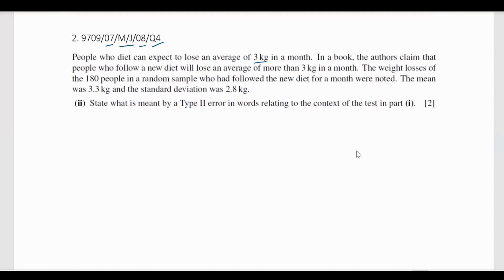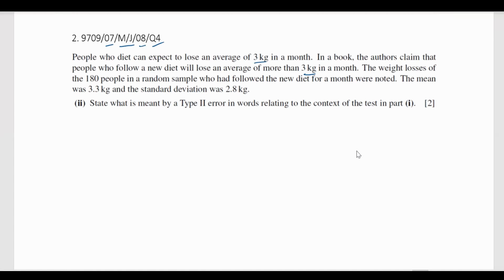In the book, the authors claim that people who follow a new diet will lose an average of more than 3 kg in a month. The weight losses of the 180 people in a random sample who had followed the new diet for a month were noted. The mean was 3.3 kg and the standard deviation was 2.8 kg.